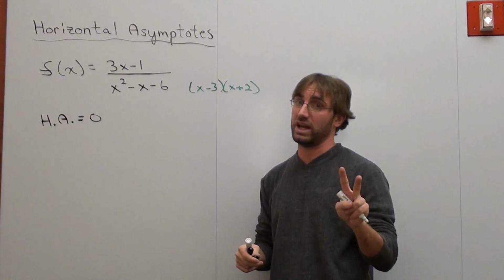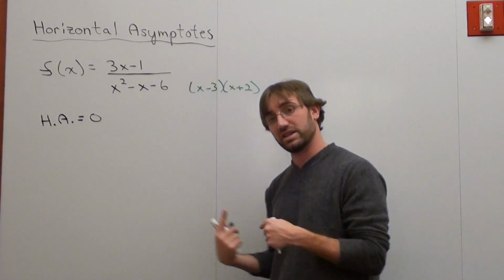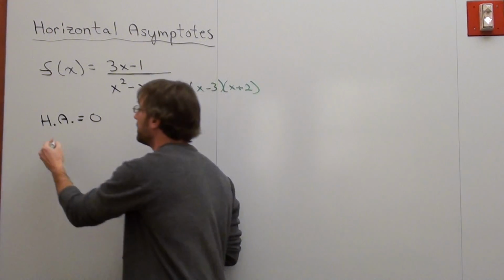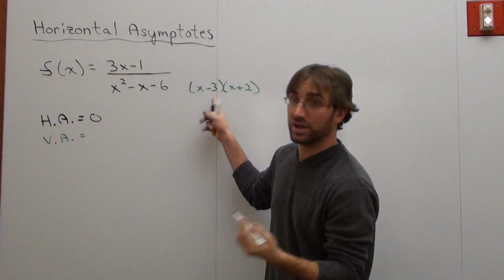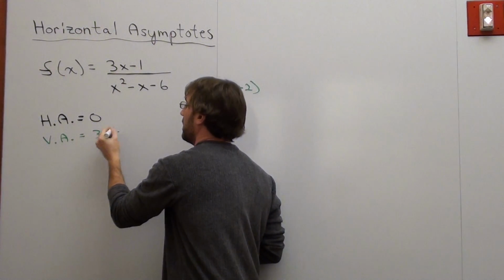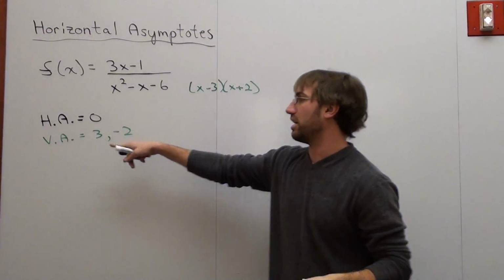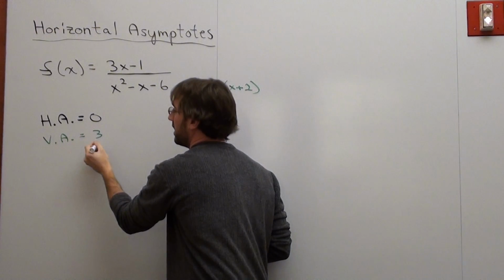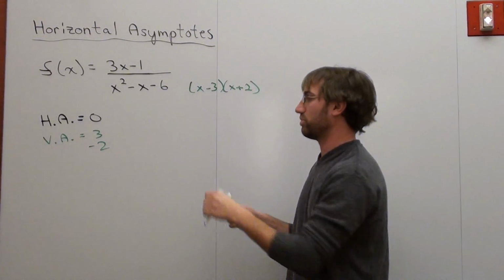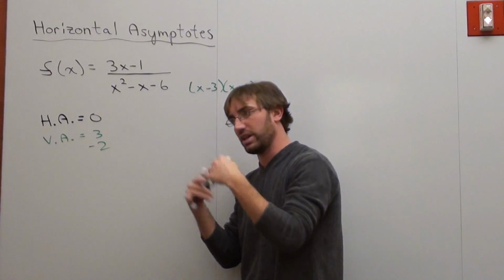So it has two vertical asymptotes, two x values that will make the denominator equal to 0, and they are at x equals 3 and at x equals negative 2. It's not 3 comma negative 2. So don't say it's at the point, no, it's 3 and negative 2.